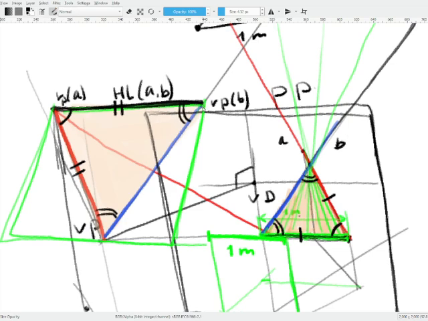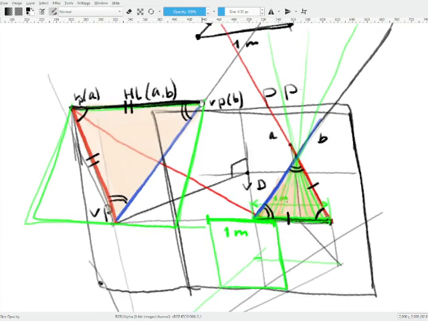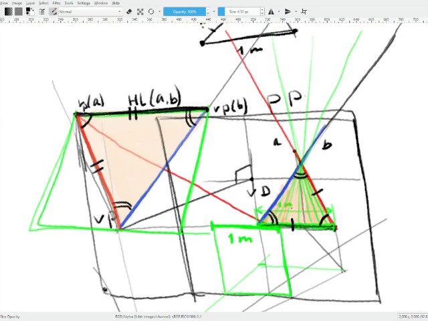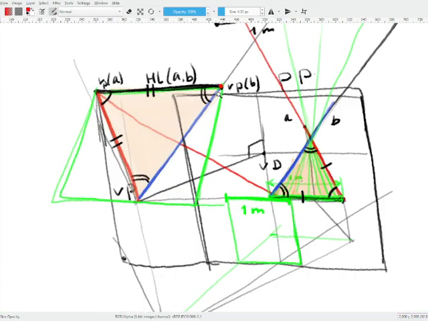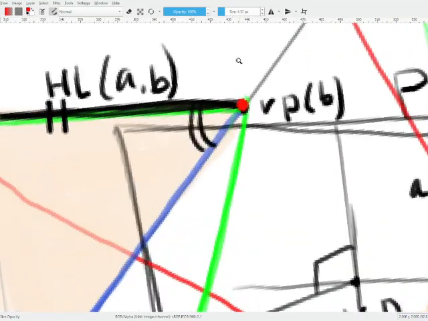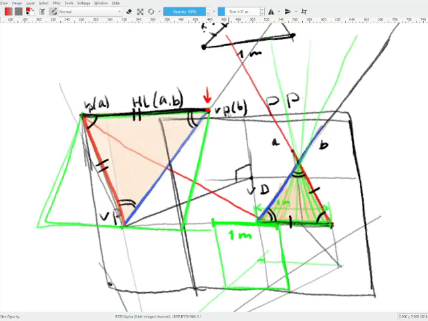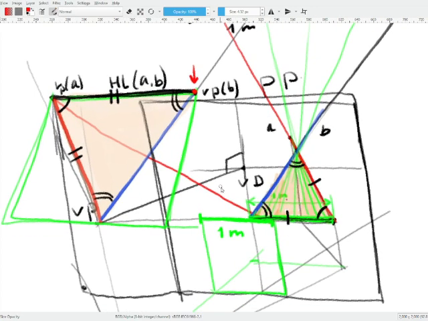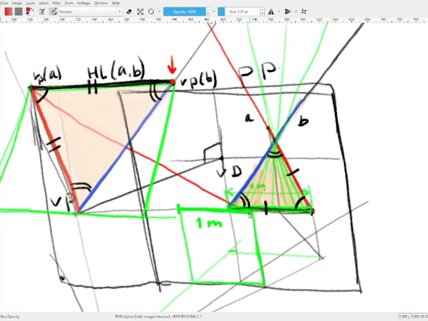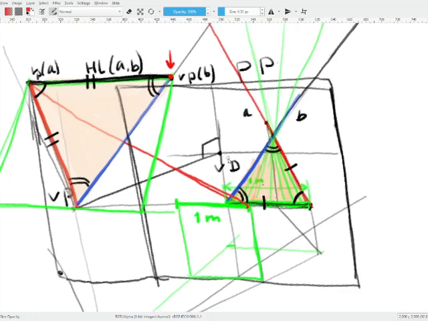If we, for example, knew this red point, then we would be able to construct a blue line. If we have this image, to draw a blue line we could use a projection.